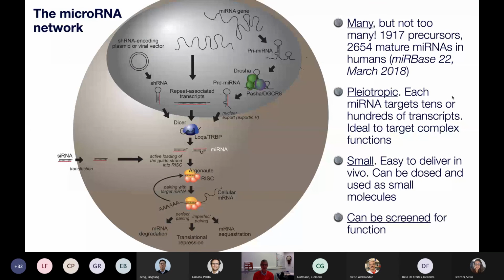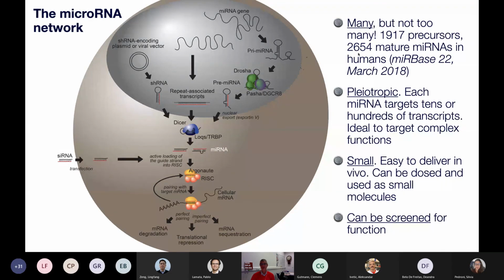For example, a cardiomyocyte that has to proliferate has to downregulate or disassemble all the sarcomeric apparatus, has to reactivate expression of all the cell cycle genes, and has to couple then cytokinesis with the presence of this enormous cytoplasm with a disassembled sarcomeric structure. So very complex phenotypes that microRNA targeting multiple genes are more easy to impact on.